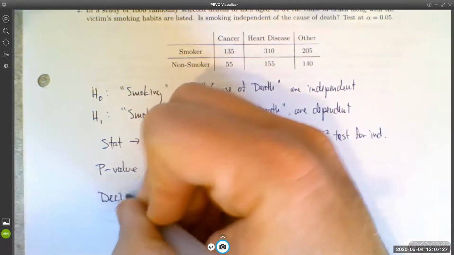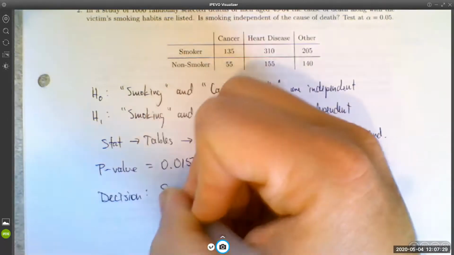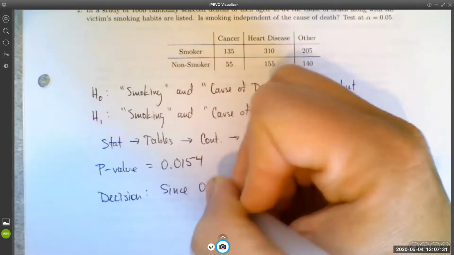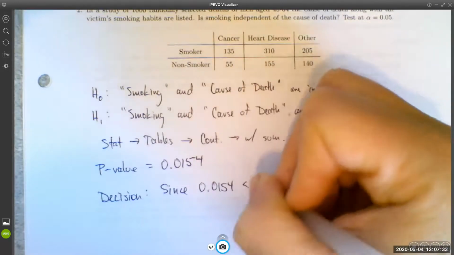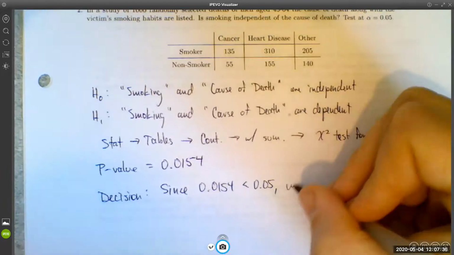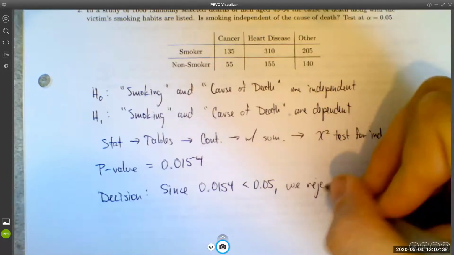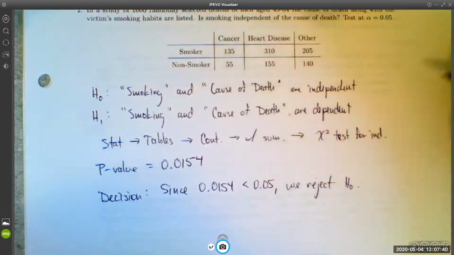So since 0.0154 is less than 0.05, we reject the null, okay?